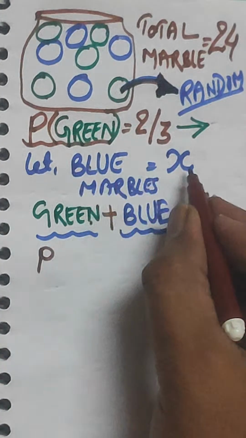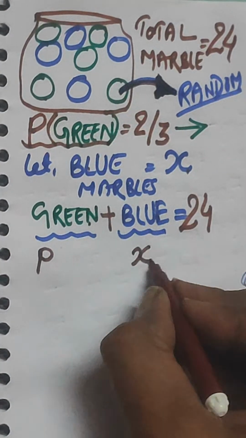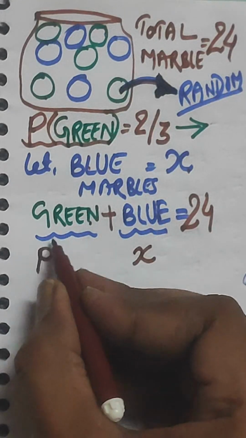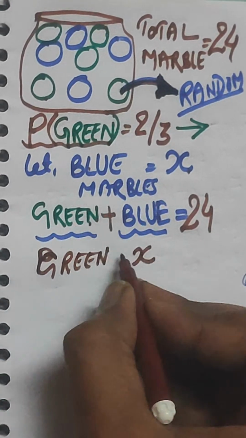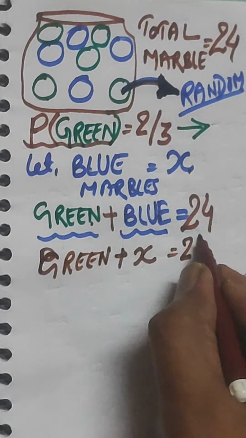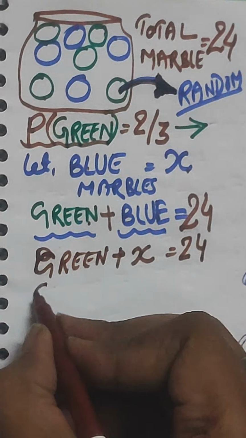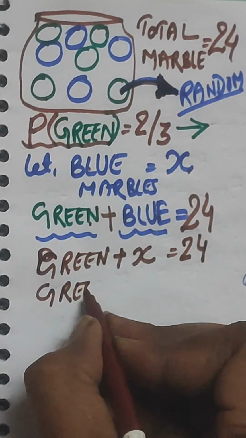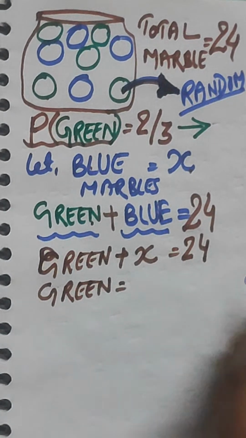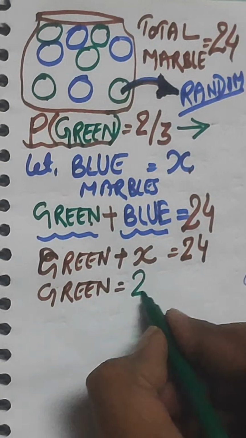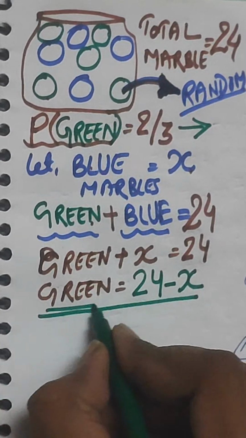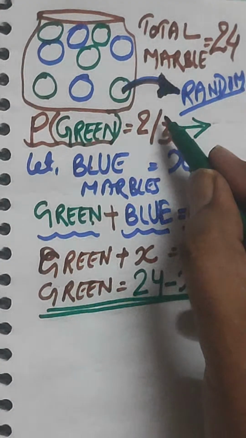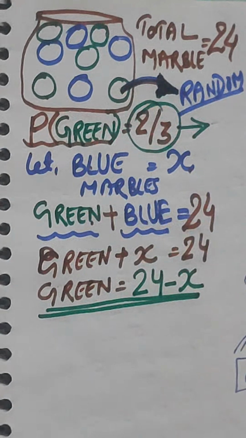The count of blue we have assumed as x. So put in the value x. To calculate the number of green marbles, green plus x is 24. So we can say that the number of green marbles is 24 minus x, right? Now it's given that the probability of green marbles is 2 by 3.